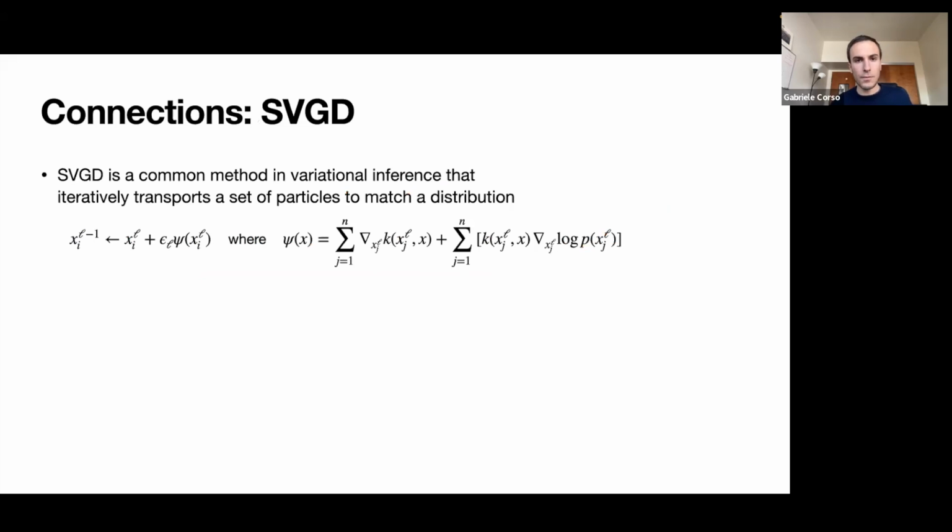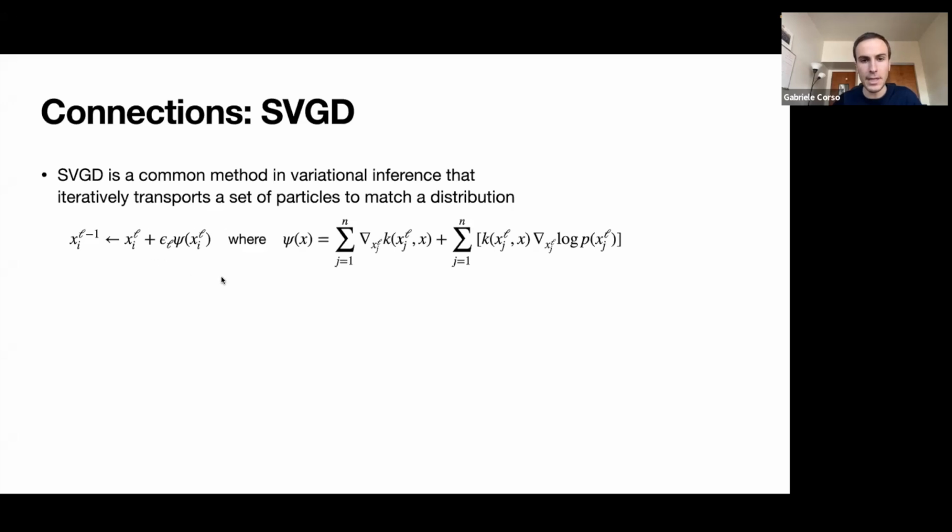Before going into the actual instantiation, I want to draw a few interesting connections with some of the existing tools in other fields. The first one is Stein variational gradient descent, or SVGD, which is a very common method in variational inference, where you start from a set of particles, and then you iteratively transport and update them to basically match a distribution.